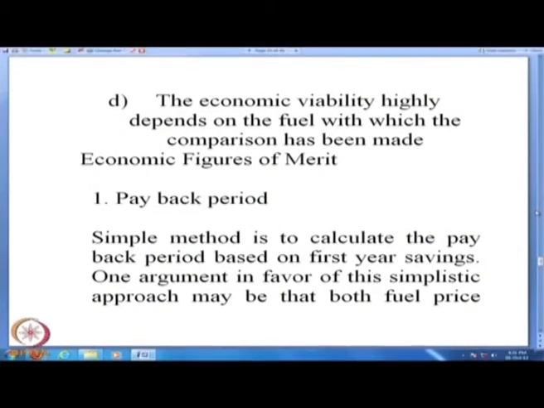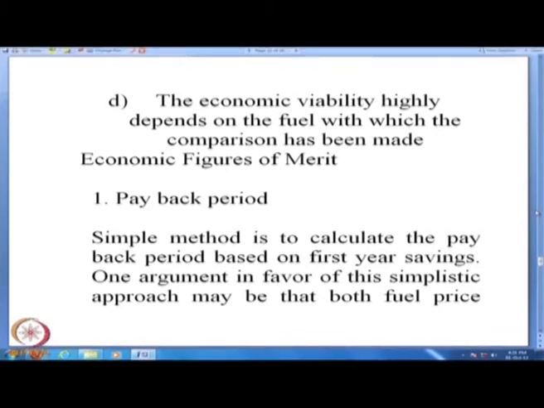If you are considering a domestic water heating system, that simple calculation may be all right, but if it involves crores of rupees, then somebody has to do a better analysis.